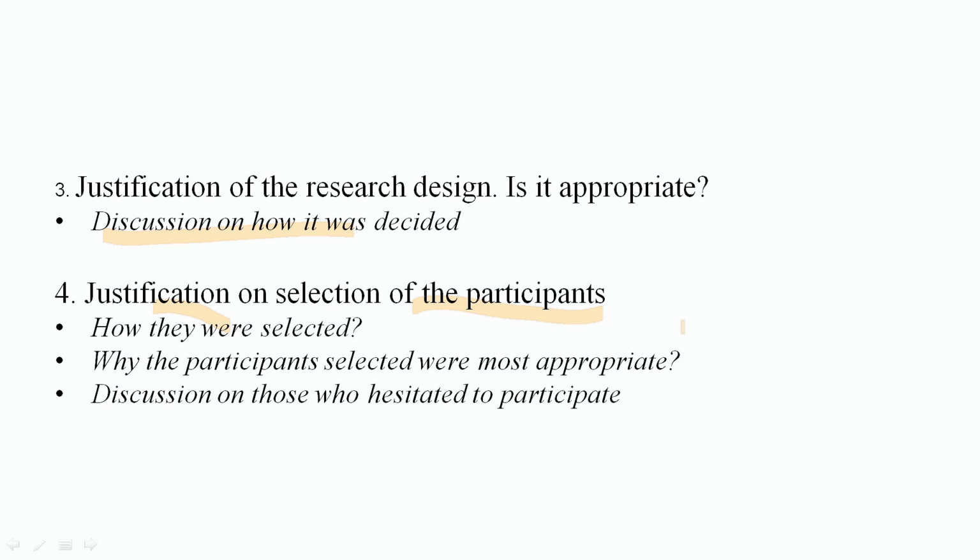And in the second case, the respondents who did not reply to you, the respondents who disagreed to participate, have you made note of that? What could be the probable reason they do not want to give an interview or do not want to participate in your research? This has to be addressed.